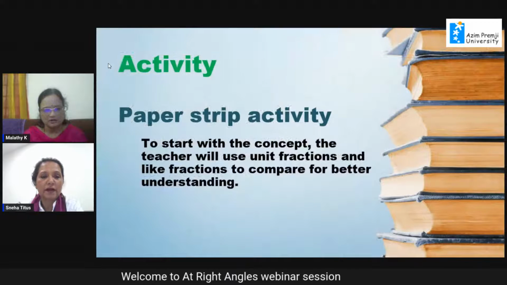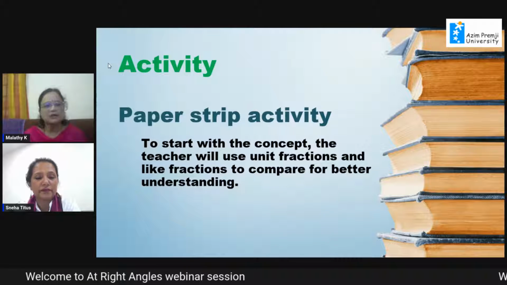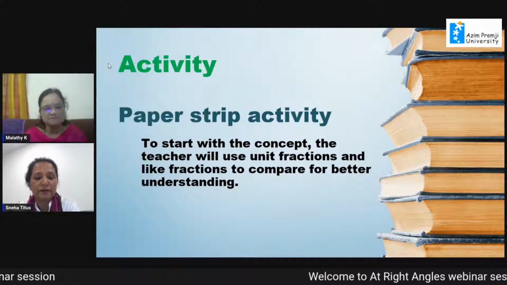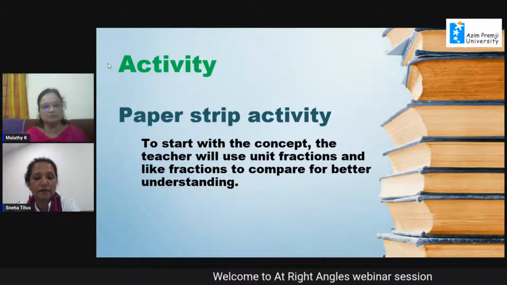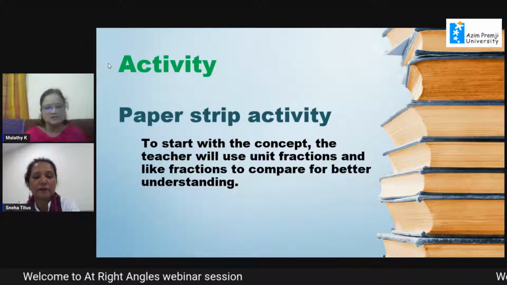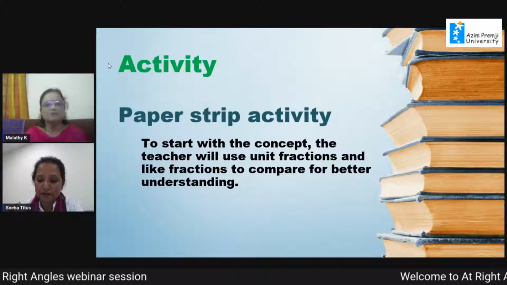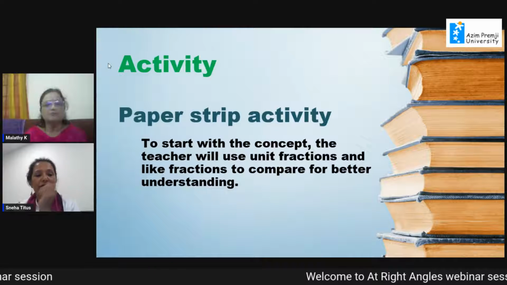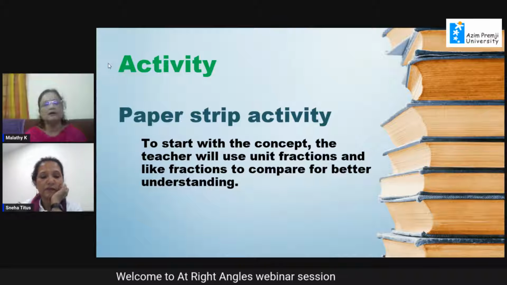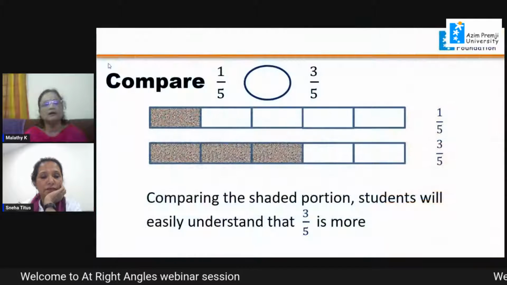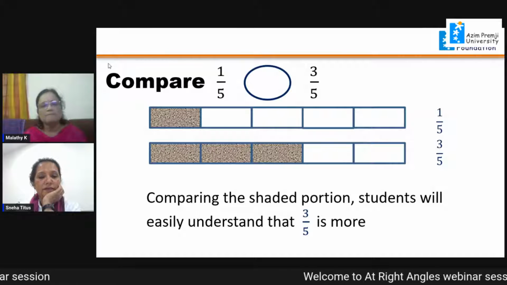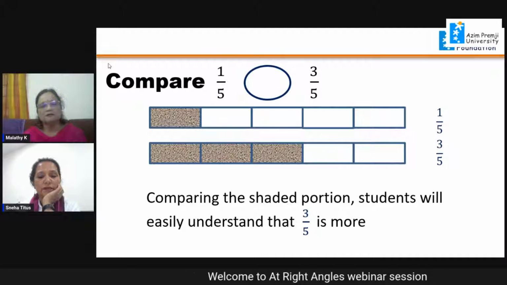For comparing fractions, we start with a paper strip activity. We'll ask children to bring some same-size strips, many of them, so that they can compare using those. So we will start with unit fractions and like fractions because comparatively they are easier to understand. So let me start with like fractions. When we compare like fractions, the numerators are different, but the denominators are the same.